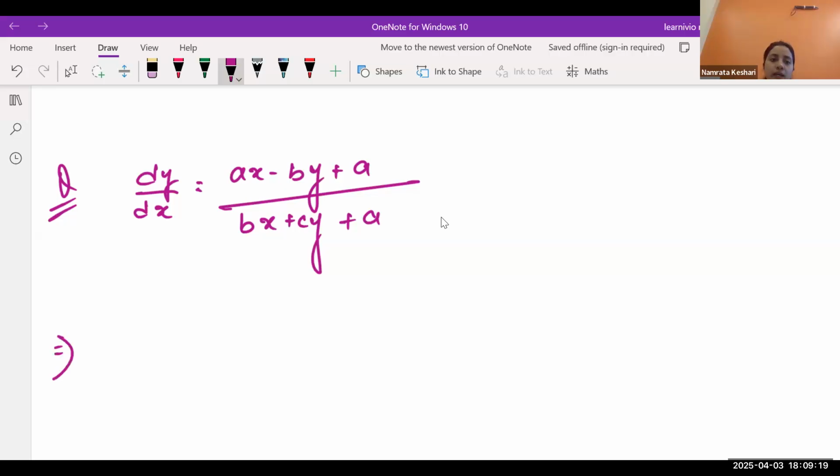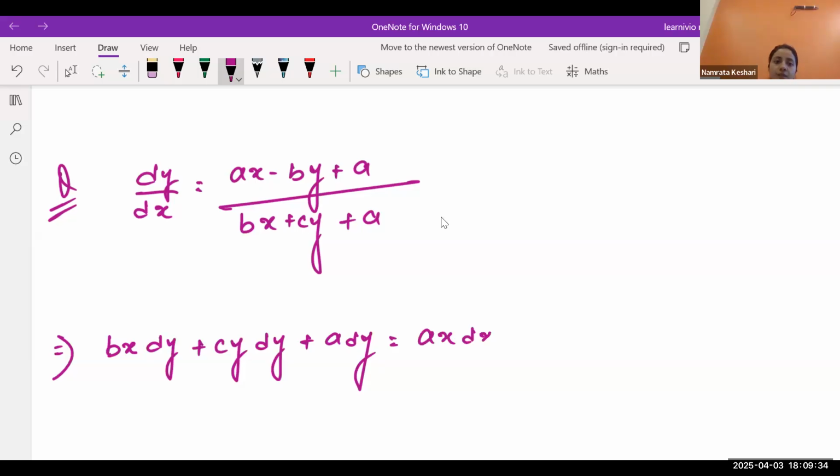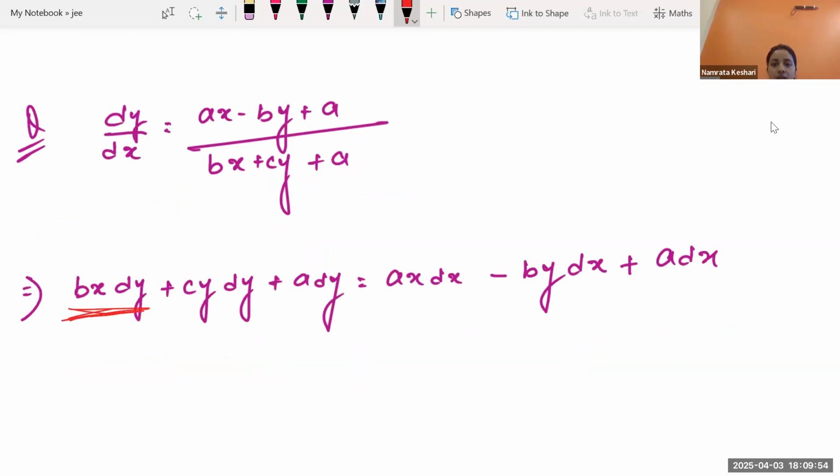So we will take it like this: bx dy plus cy dy plus a dy is equals to ax dx minus by dx plus a dx. Now it seems like we will be able to do this two together, this one and this one.